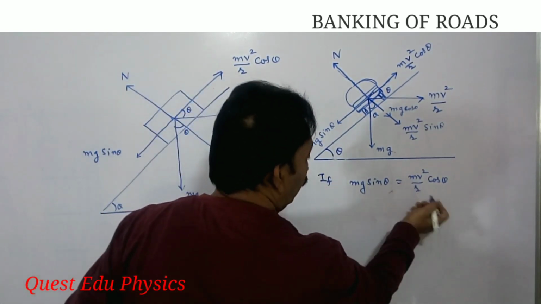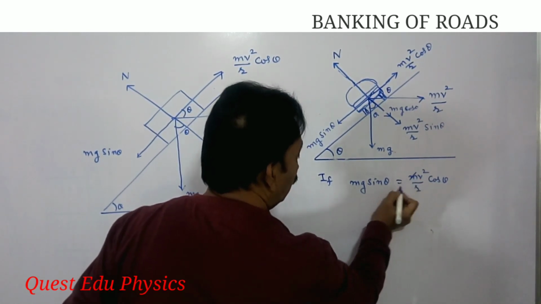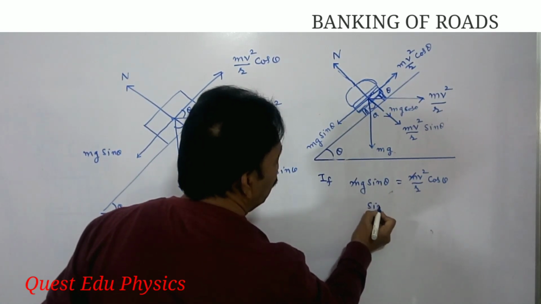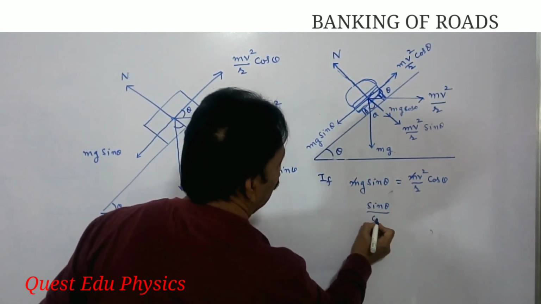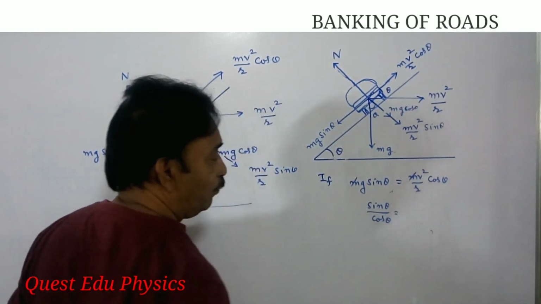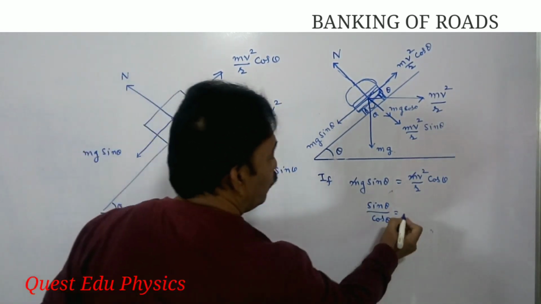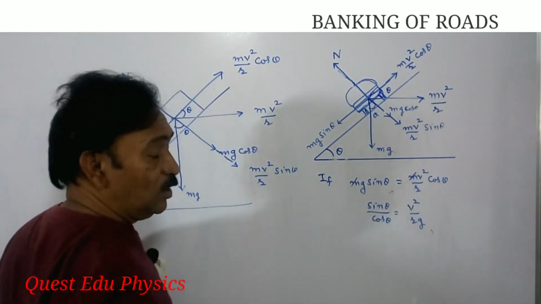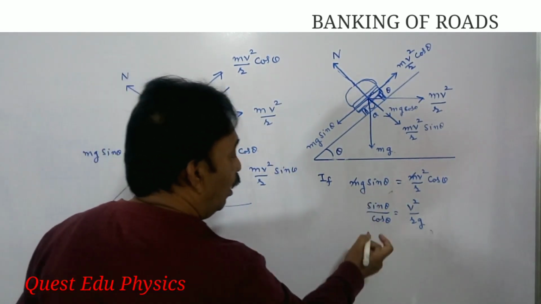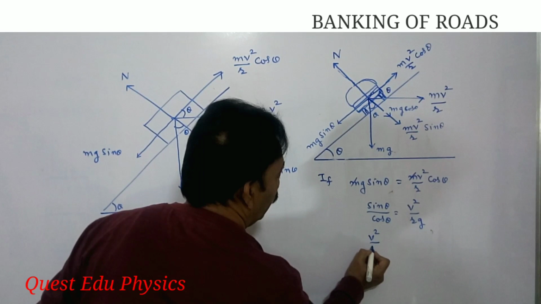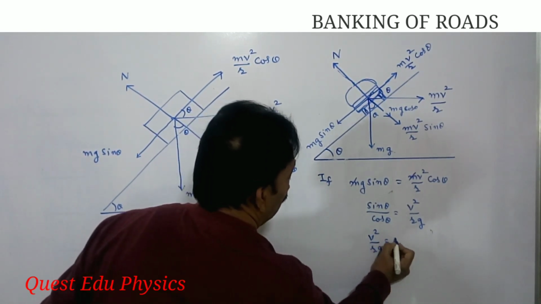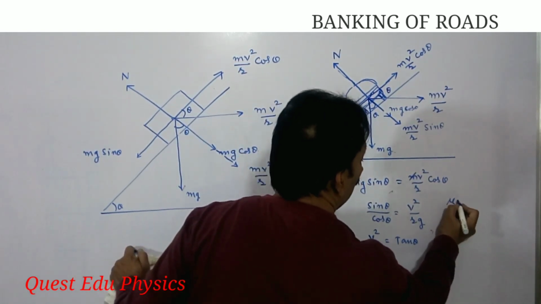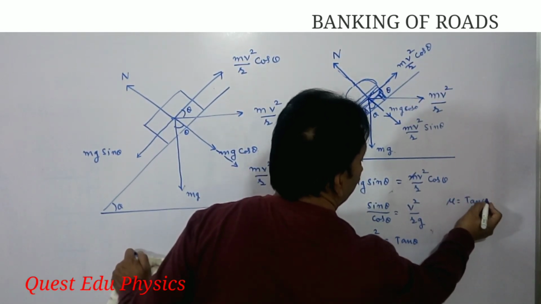We will write an equation by taking these values. The m cancels, and you get sin theta by cos theta is equal to v²/rg. Or v²/rg is equal to tan theta, and you know that mu is equal to tan theta.